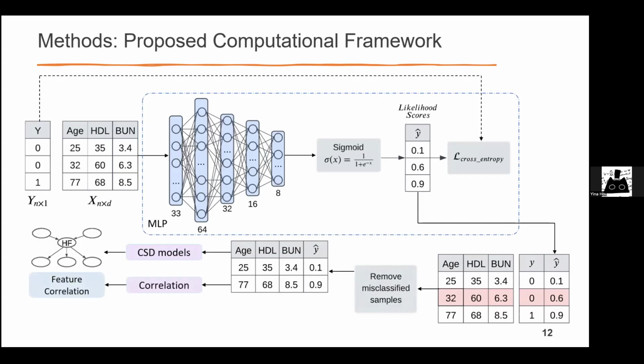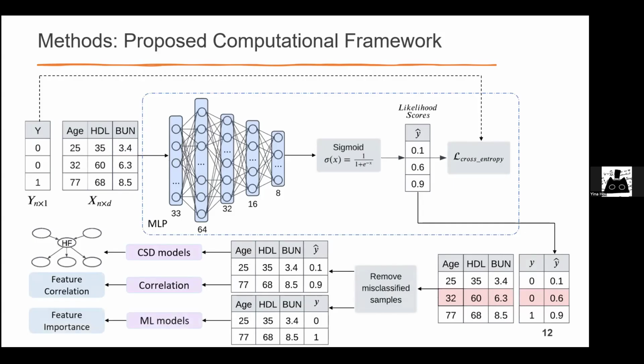Also, we calculate the correlation between medical variables and likelihood score to get feature correlation. We also applied machine learning models to get feature importance scores for the following analysis. But in objective 1, we will just focus on CSD models.